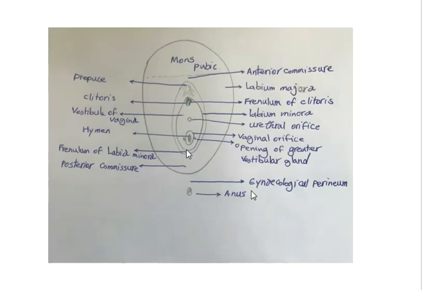The posterior part of the vestibule between the vaginal orifice and the frenulum of the labia minora, this is the frenulum of the labia minora. That was the frenulum of the clitoris, and the posterior ends of the labia minora form a shallow depression, here, known as the vestibular fossa.